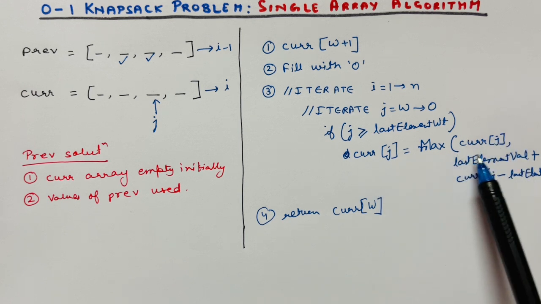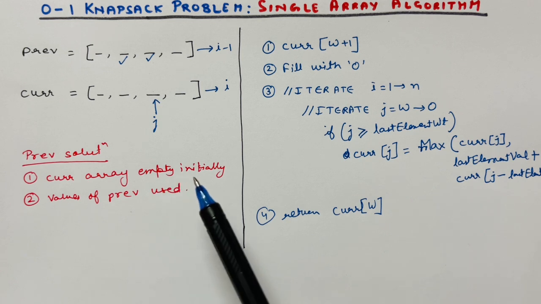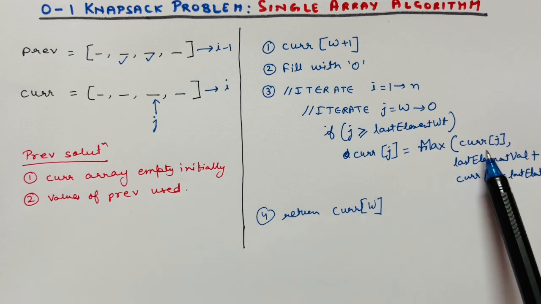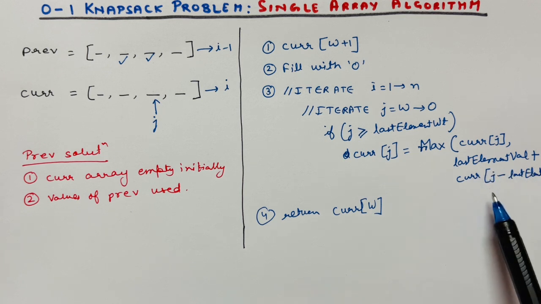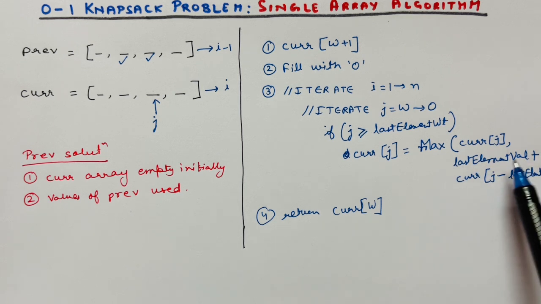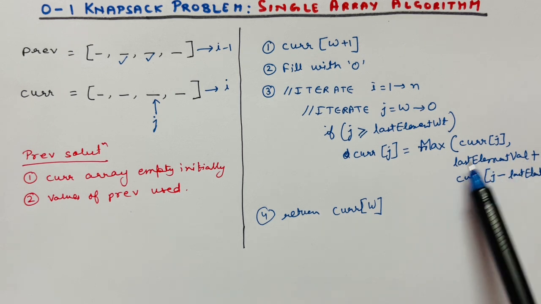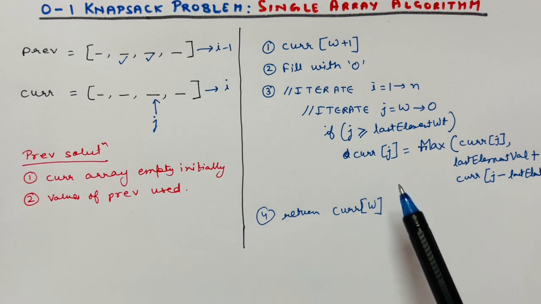First thing, the old value at current j. Old value corresponds to the exclude case, or the new value can be last element's value plus current of j minus last element weight. This is the include case answer. So if this is greater, our current j will be updated.